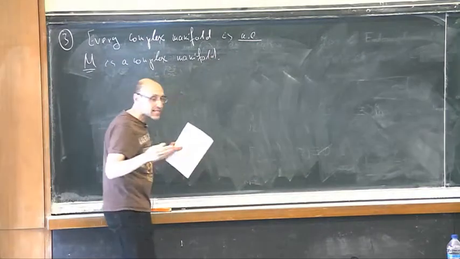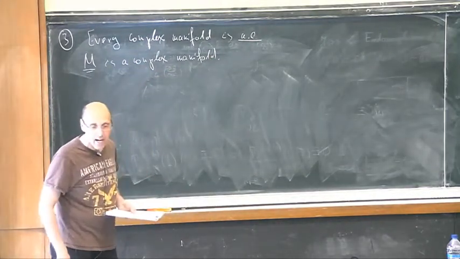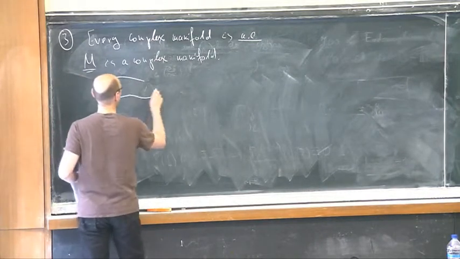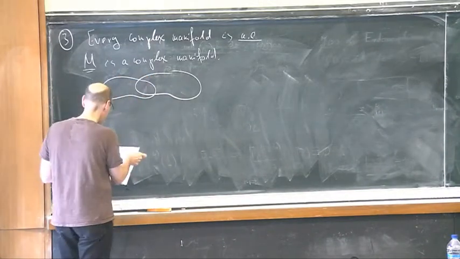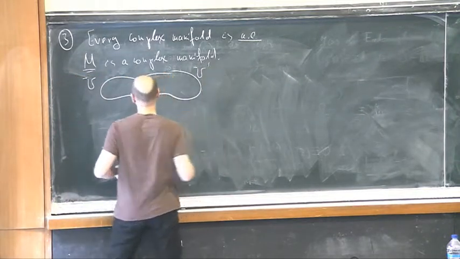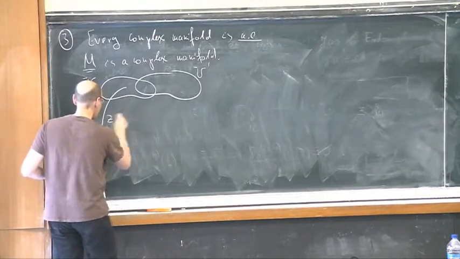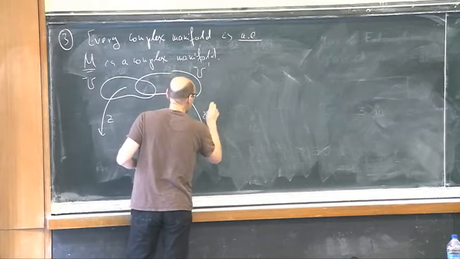So you have a standard atlas with charts, and the transformation maps are the usual biholomorphic maps. So the picture is something like this. You have two charts, U and U prime. And you have here local coordinates Z, and here local coordinates Z prime.